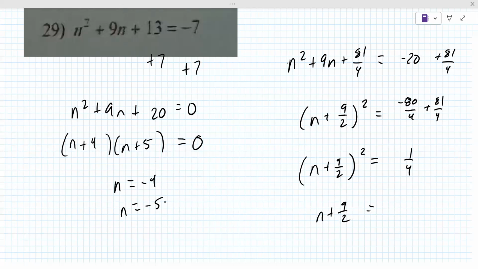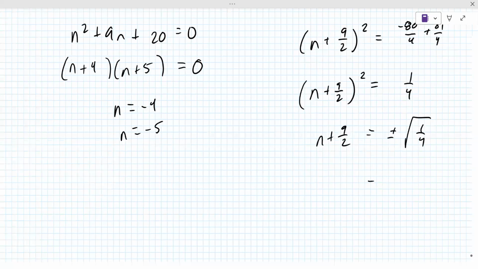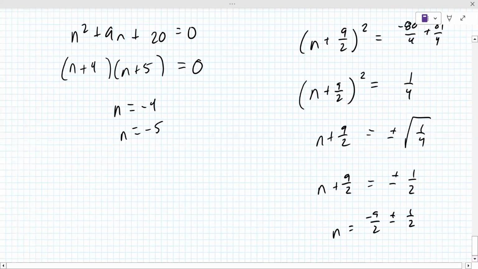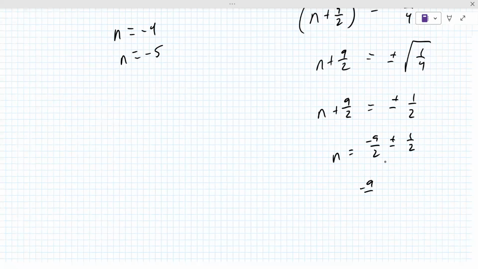So it becomes plus or minus the square root of 1/4, which is plus or minus 1/2. You just see by the volume of work here, this is not the right way to go, but it's minus 9/2 plus 1/2, minus 9/2 minus 1/2.